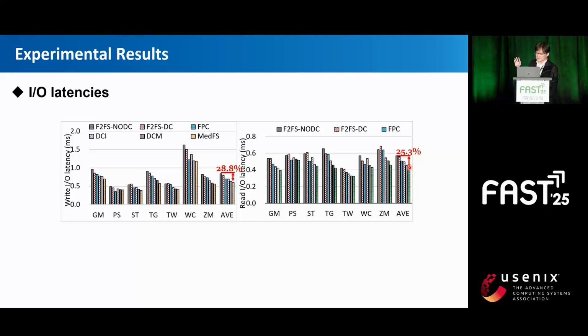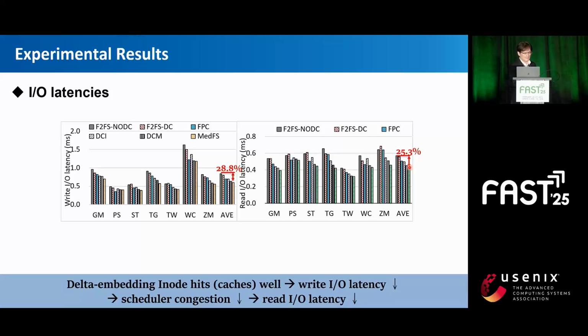And on the right-hand side, it is a little bit interesting that we also improve the read latency. That is because we significantly decrease the write I/O count, and this further alleviates the contention for the I/O scheduler queue. That is why read I/O latency is also improved.